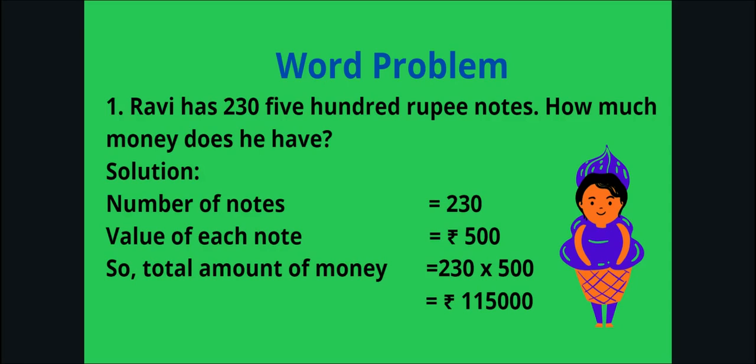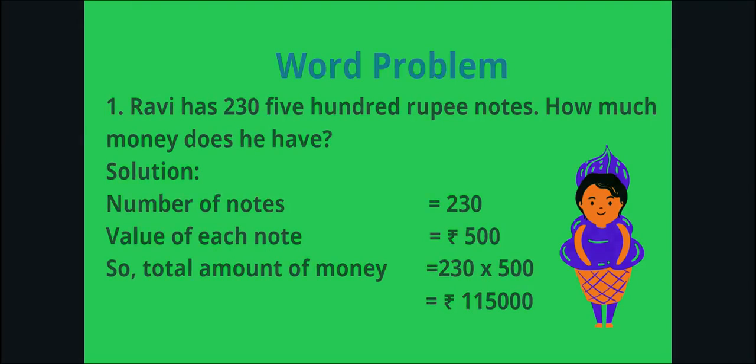Number of notes is equal to 230. Value of each note is rupees 500. So, total amount of money we will get by product of 230 and 500, which is rupees 1,15,000.